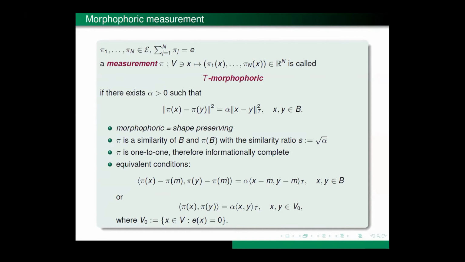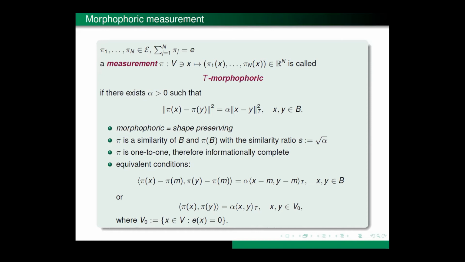Okay, so here's just a reminder of what we mean by morphophoric measurement. It's a measurement that maps the state space to the probability simplex in such a way that the geometry is the same here and here.